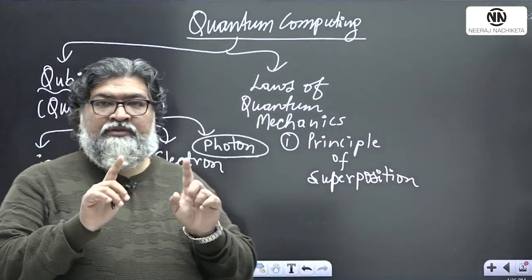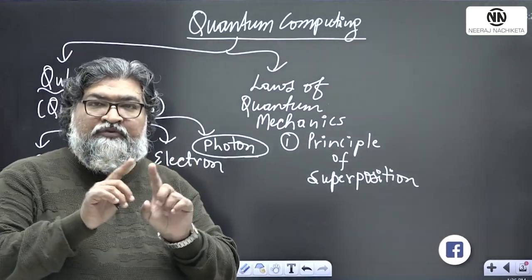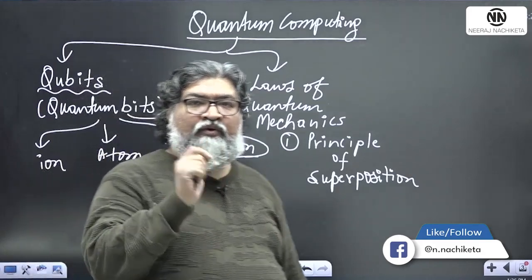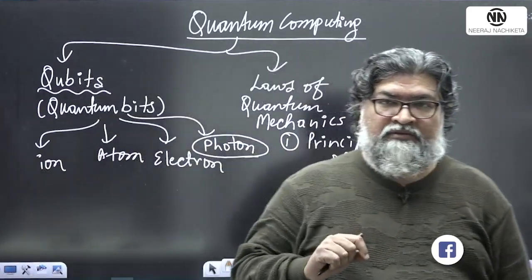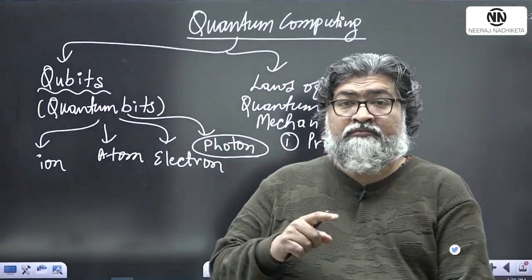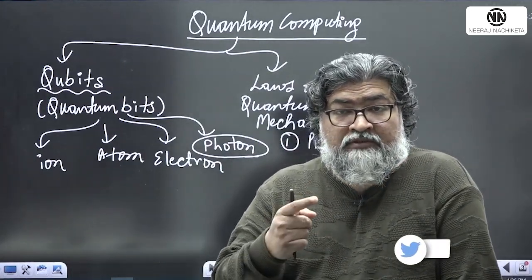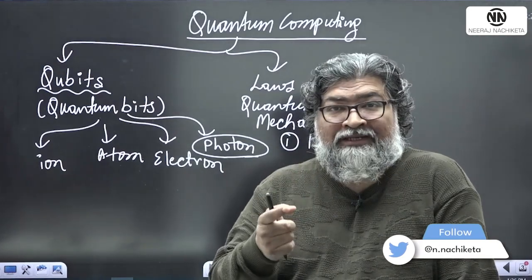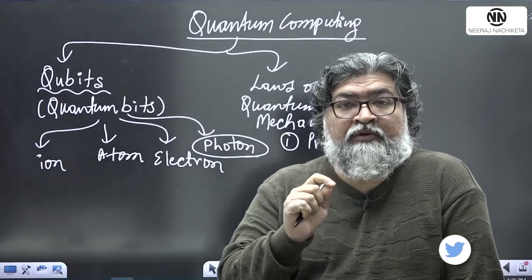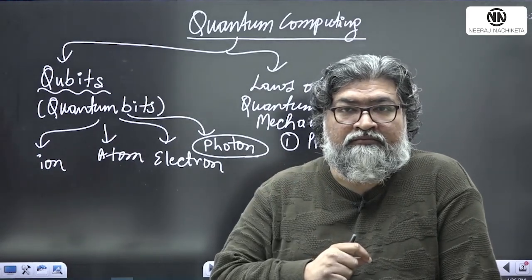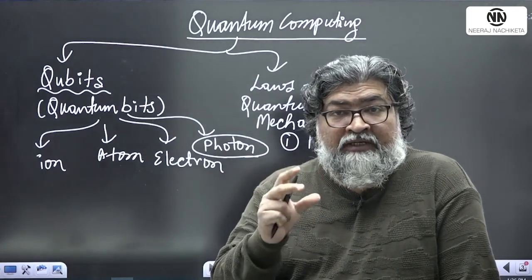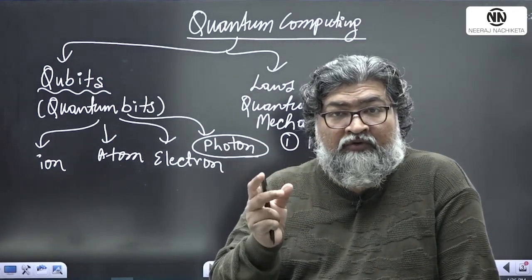That quantum bits can superimpose with each other. Like a normal bit, you know, 0 and 1, clockwise, anti-clockwise, up and down, right? A quantum bit can be 0 plus 1 at the same time. Quantum mechanics works with probability. That means there is a probability of how many times a particular electron can be 0 or 1.